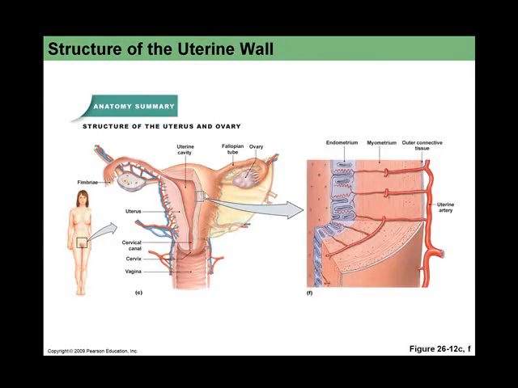Just a brief orientation to the uterus, which is going to be one of the target organs of the gonadal steroids. There's the outer mesothelial layer, called the mesometrium, then the myometrium, thick, smooth muscle wall, through which penetrate the neurovascular bundles. The arteries are the only ones showing here.